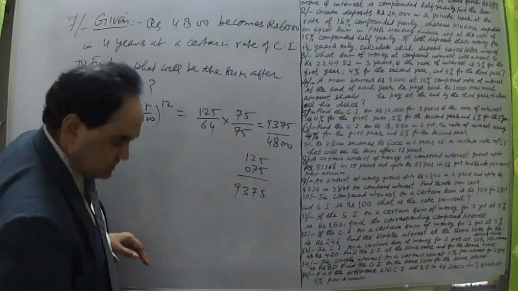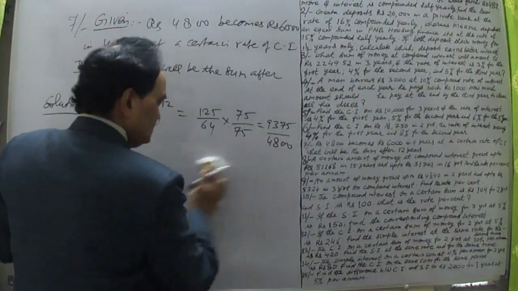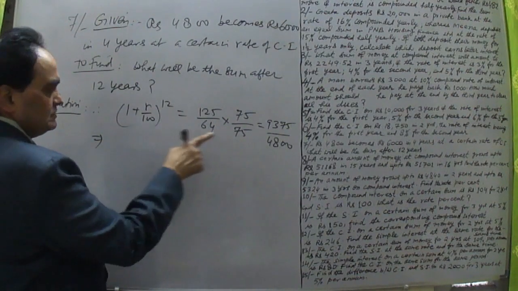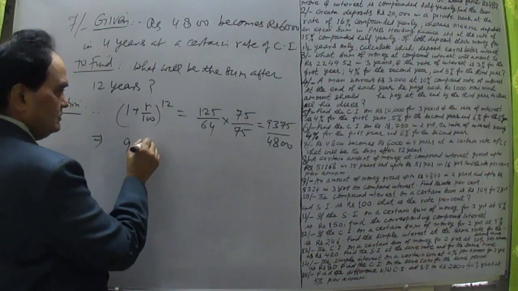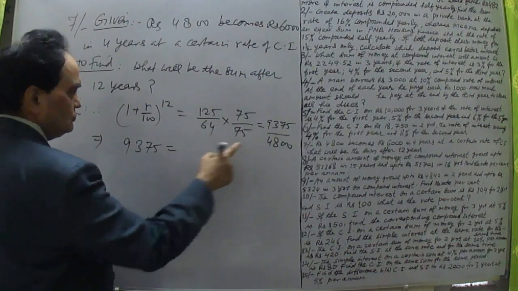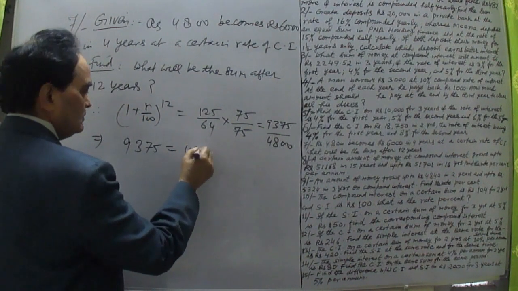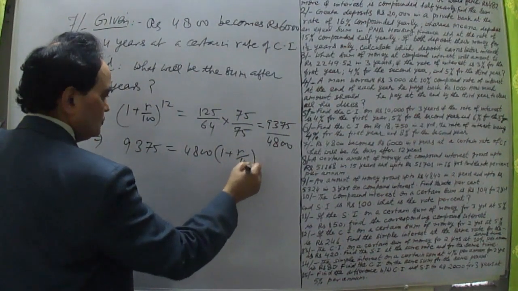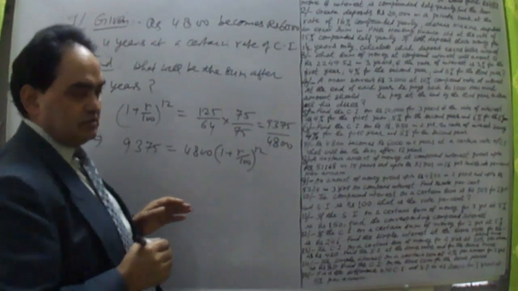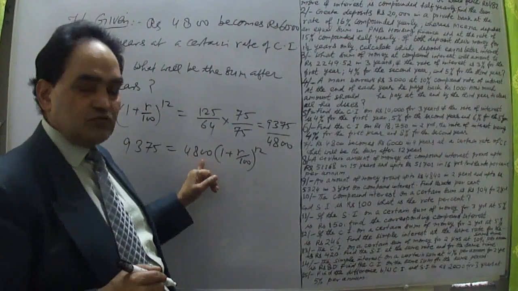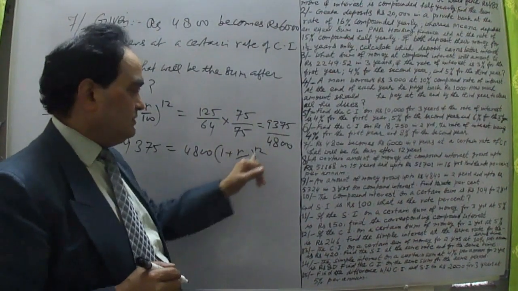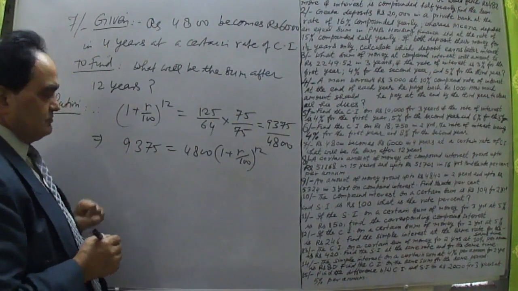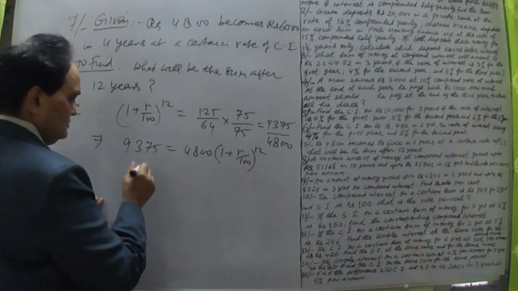Now if I just calculate, this implies that this amount 9,375 is equal to 4,800 into 1 plus r upon 100 whole power 12. So what we see is that this principal 4,800 in 12 years time at the same rate becomes 9,375, and this is the answer.